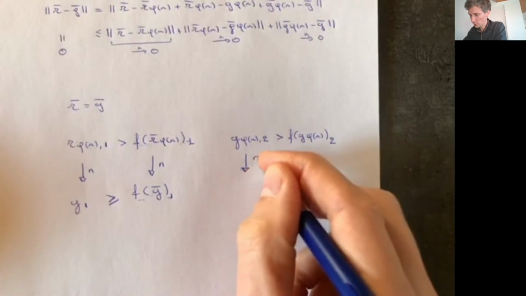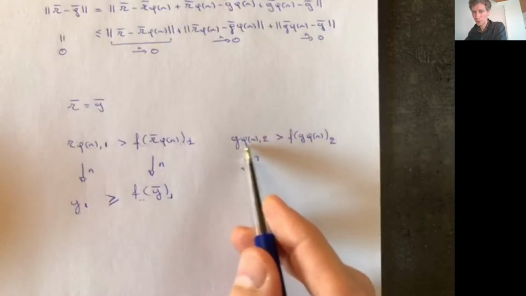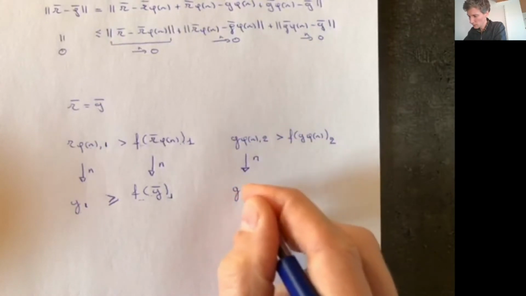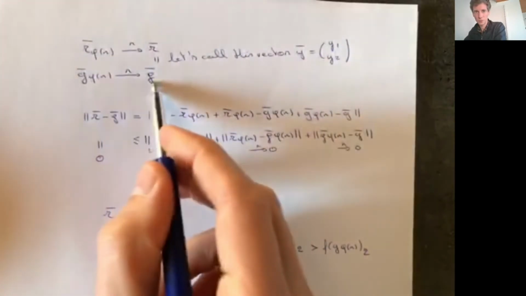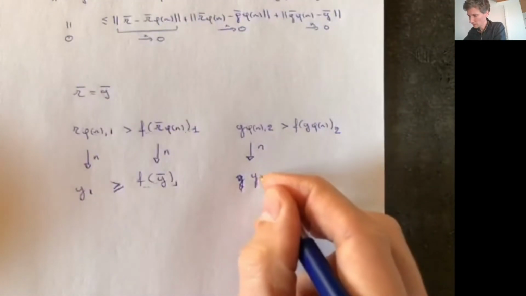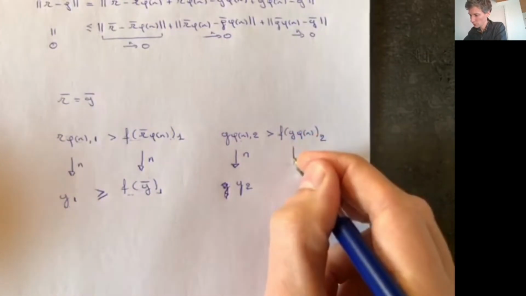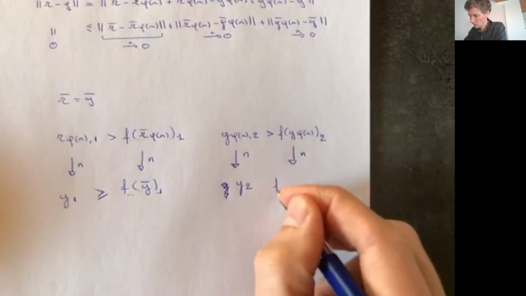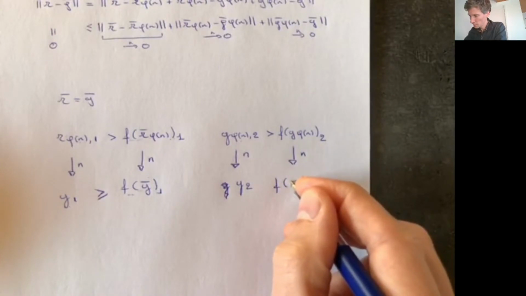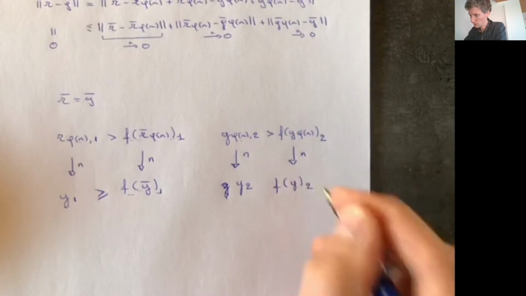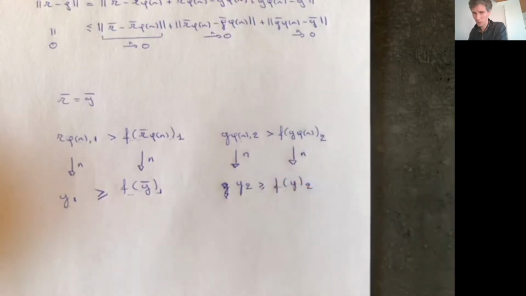I can do a similar thing here. If I take the limit of g phi n's second component, I get g, the g phi n's converge to y, so I get the second component of my y. And here, because f is continuous, I get f of y, but now the second component, and the inequality is like this.